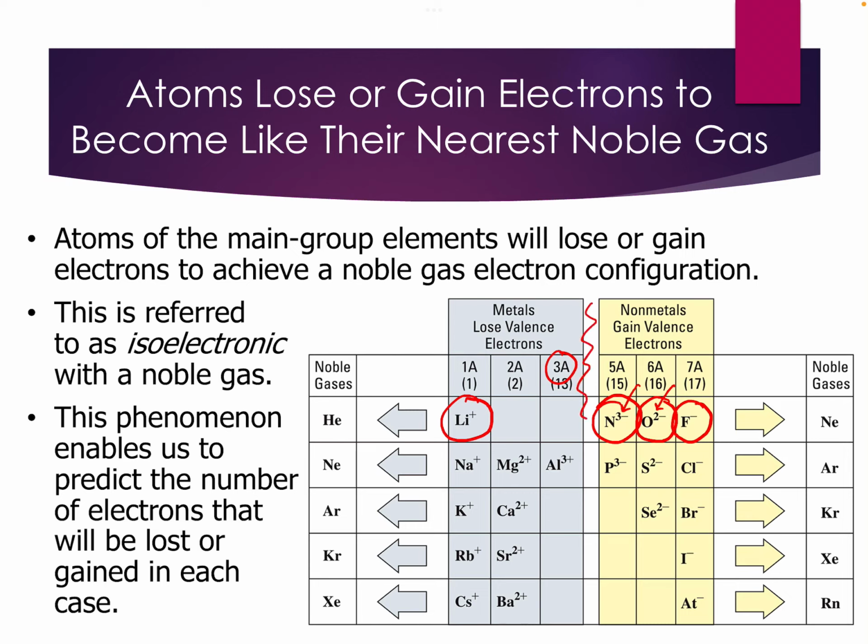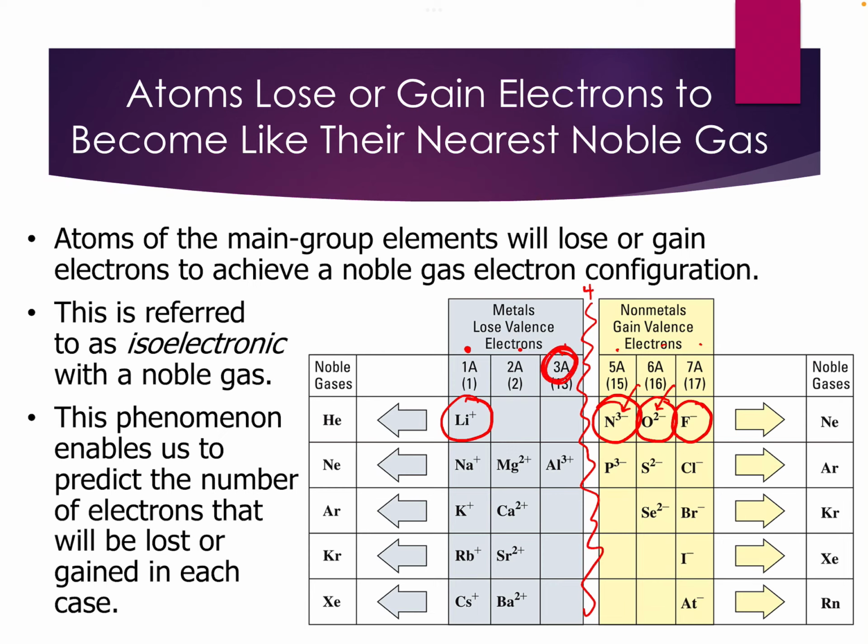You'll notice I've left out the column that has 4 valence electrons. Otherwise, we have 1, 2, 3 valence electrons, 5, 6, 7. Okay, so the reason that 4 isn't on there is because the ones in group 4 do a different type of bonding. So we're going to ignore them for now. They essentially don't really make ions, so we're not going to talk about them at the moment.